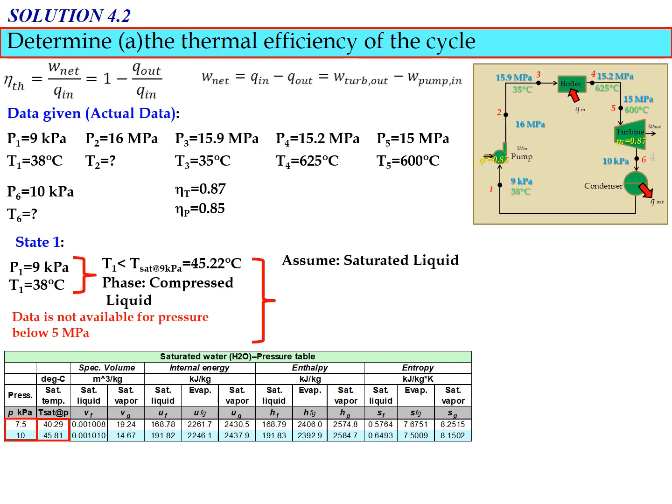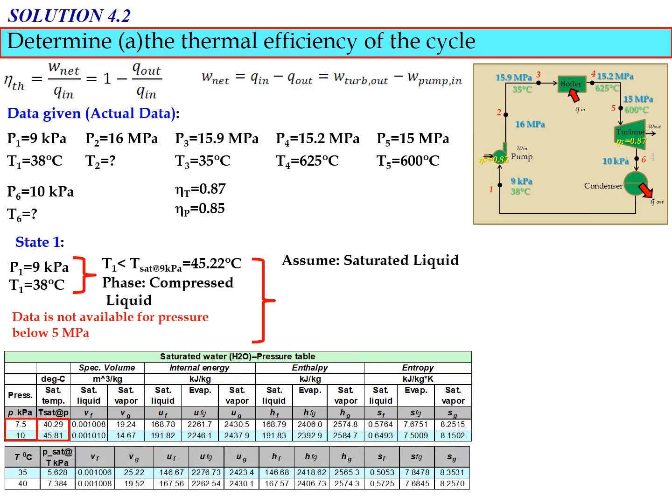So we assume that state number 1 is in saturated liquid condition, where 100% of the water is in liquid form. Thus, we need to refer to the saturated water table, and because we make an assumption, we use the table based on temperature.